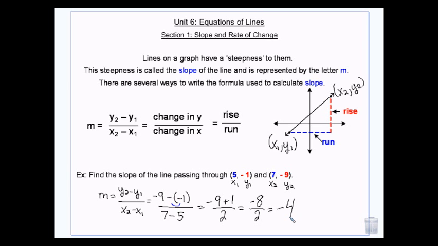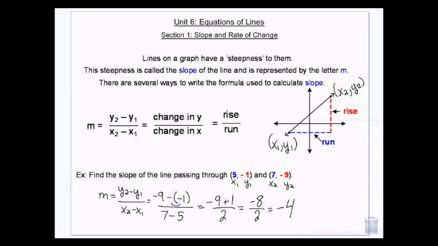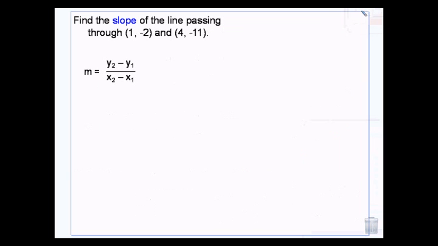And so that has given me my slope. My slope is just -4 in this case. -4 is your slope, right? Yeah, -4.